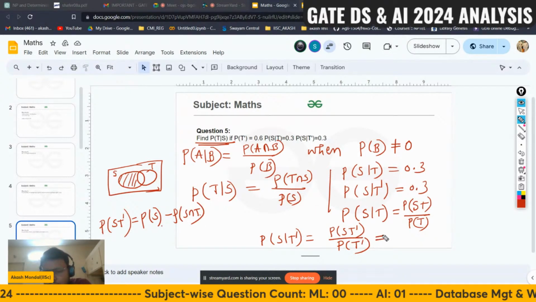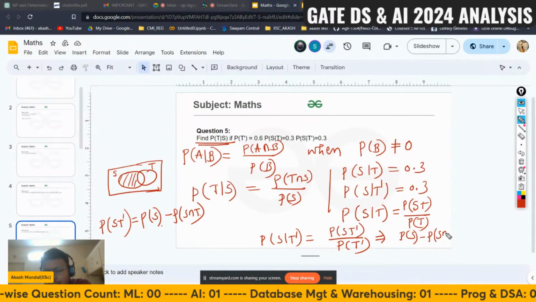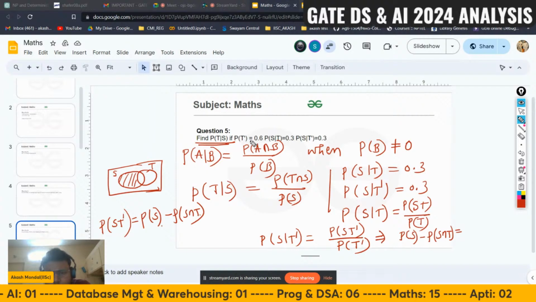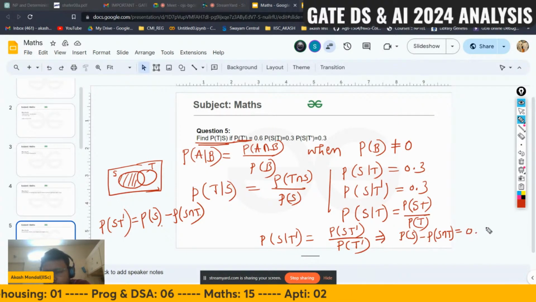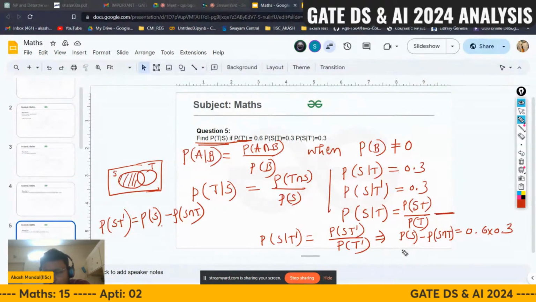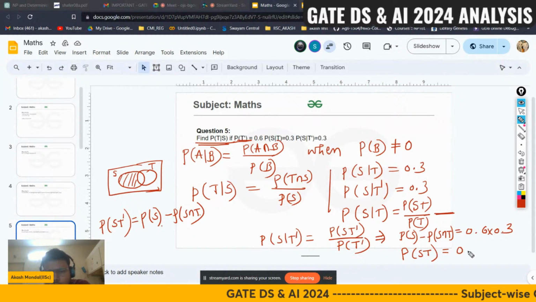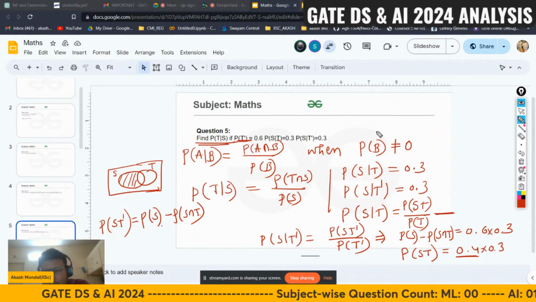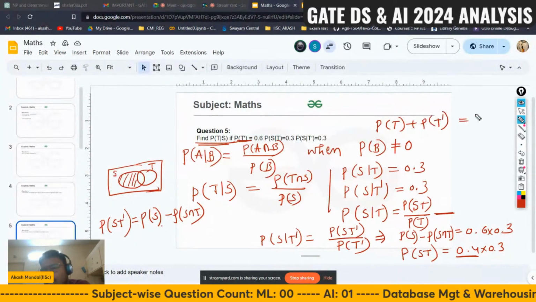So from this you can write, probability of S minus probability of S intersection T equals, so this value is given to you. Probability of T prime is 0.6, so that is 0.6 times 0.3, and if you use this equation, you will get probability of S intersection T equals 0.4 times 0.3. 0.4 is the probability of T, because probability of T plus probability of T complement is nothing but 1.